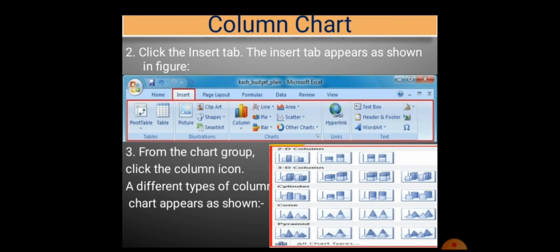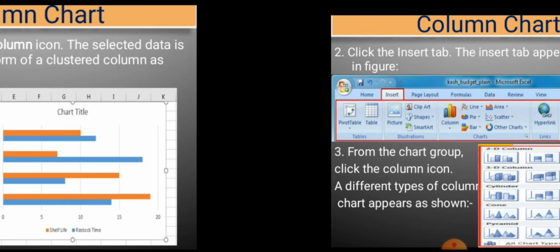Under the insert tab there are different categories: tables, illustrations, charts, links and text. So from the chart group we will click the column icon. After selecting this icon, different types of columns will appear. 2D column will appear and 3D column as well. Cylinder, cone, pyramid. You can take any type of shape from the column chart.